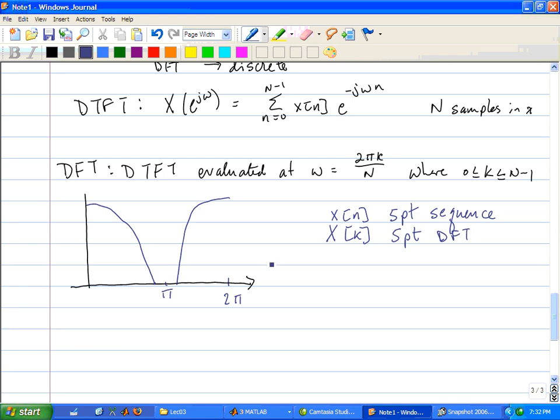So that means I'm going to take my 2 pi and divide it into 5. So my frequencies are going to be 2 pi times 0/5, 2 pi times 1/5, 2 pi times 2/5, 3/5, and 4/5.